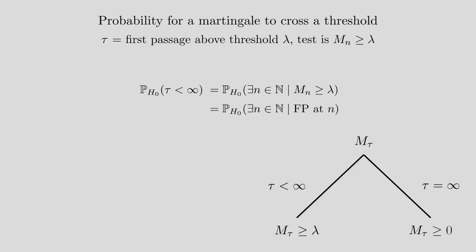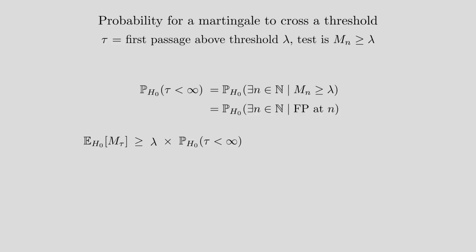So, on average, the evidence at tau is bigger than lambda times the probability that tau is finite plus 0 times the probability that tau is infinite. We can make the 0 term vanish, leaving us with the expectation of the evidence being bigger than lambda times the probability that tau is finite.